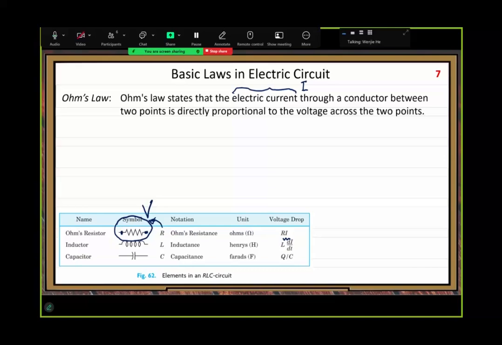Later in our question, we use voltage drop. But here we do not use voltage drop; we use voltage, because it has the meaning of the difference of 2 potentials. So it's directly proportional. What's that?